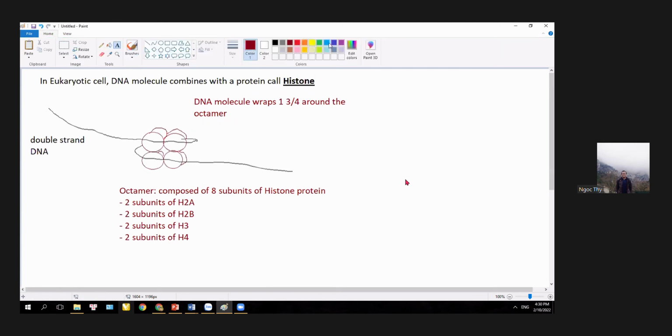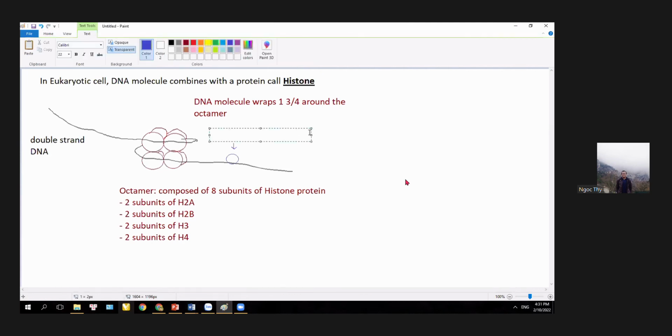And the protein histone H1 is here. So this is the H1, or we call it the linker.